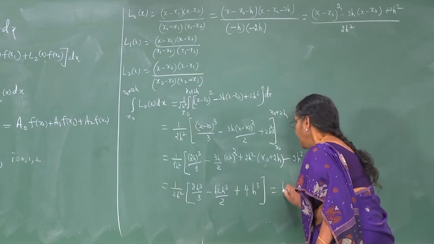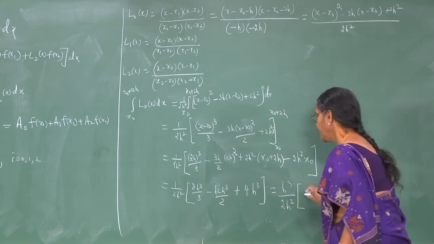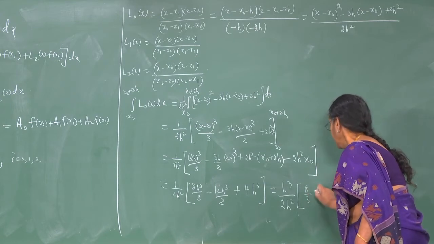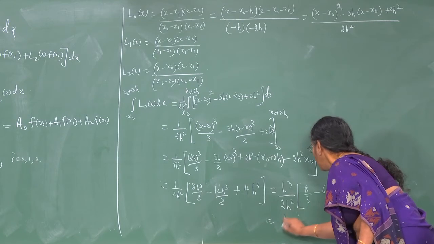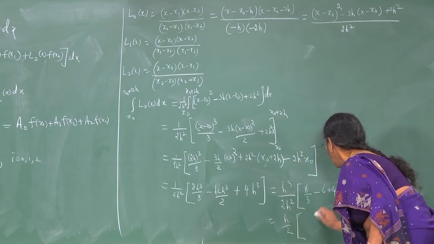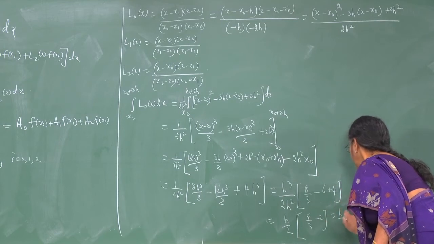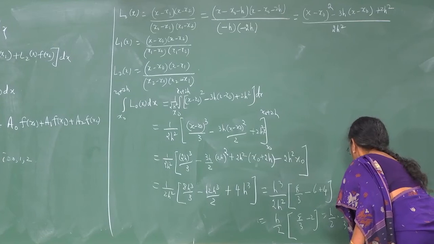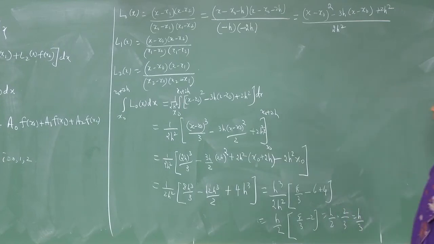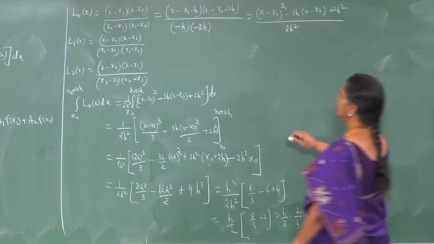So, you have h cubed by 2h squared into 8 by 3 minus 6 plus 4. So, h by 2 into 8 by 3 minus 2, so h by 2 into 2 by 3. So, you end up with h by 3, that is the integral of L0 of x dx.